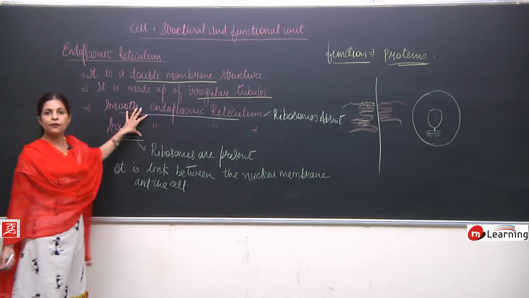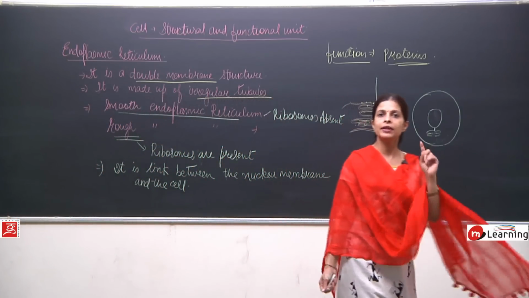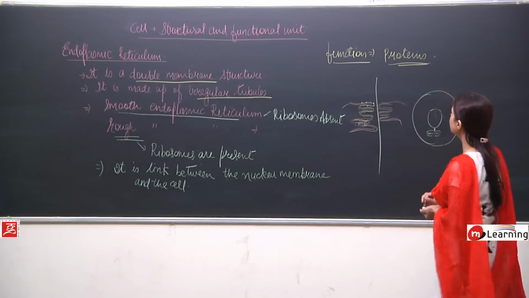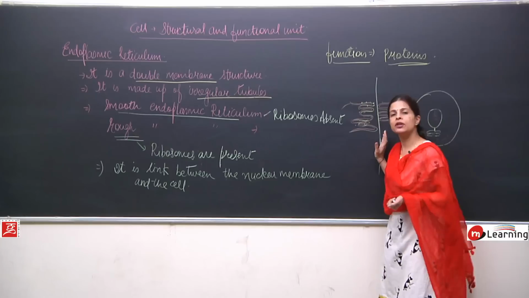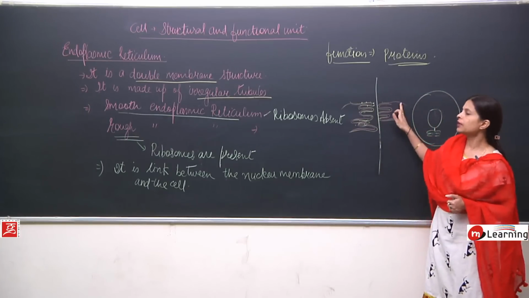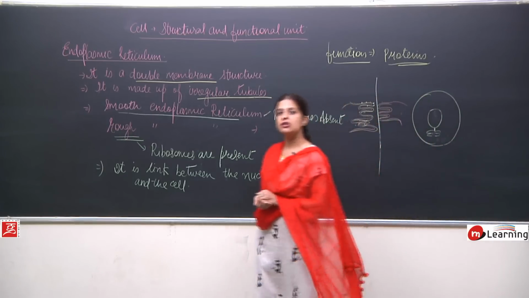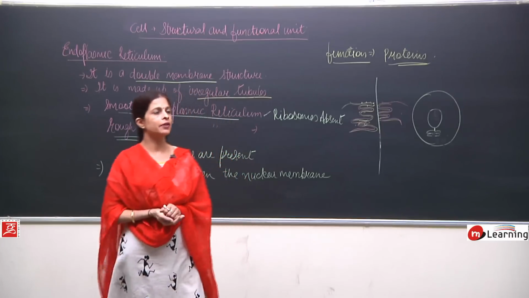It can be rough. If it is rough, that means the ribosomes are present on it. When the ribosomes are present on the endoplasmic reticulum, then we call it rough endoplasmic reticulum. If the ribosomes are absent, then we call it smooth endoplasmic reticulum.